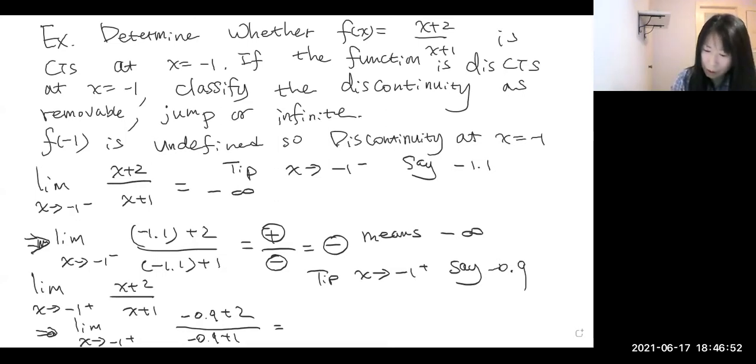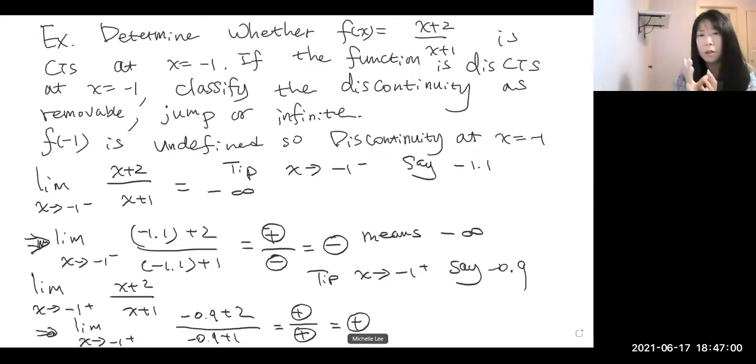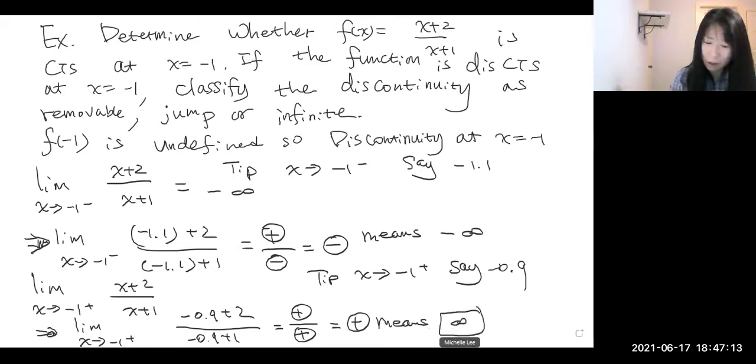So the numerator is positive, and the denominator is also positive, so the result is positive. In the behavior along the asymptote, positive means positive infinity, okay? So that is infinity.